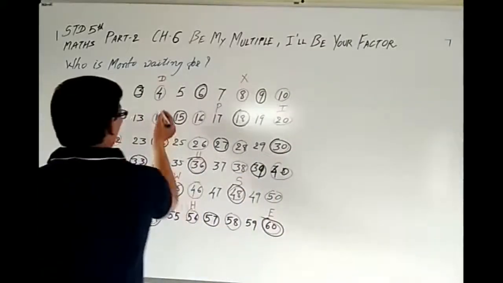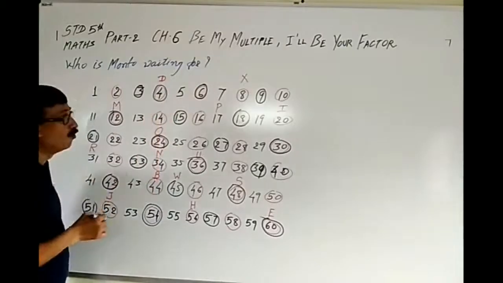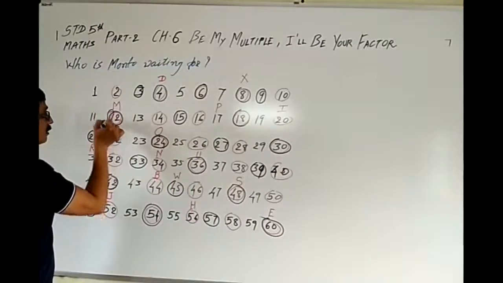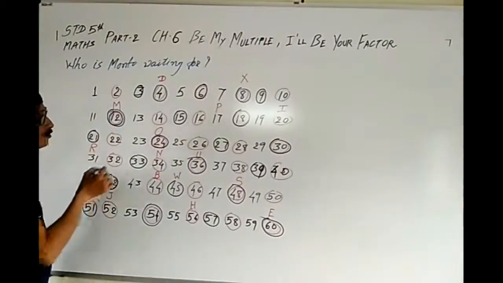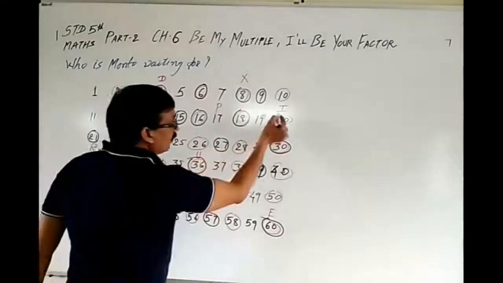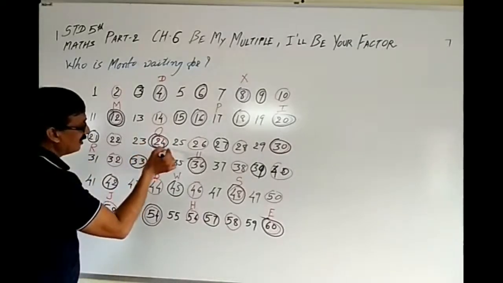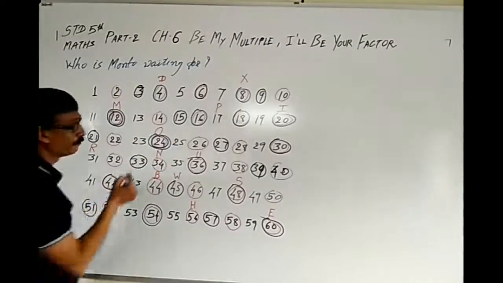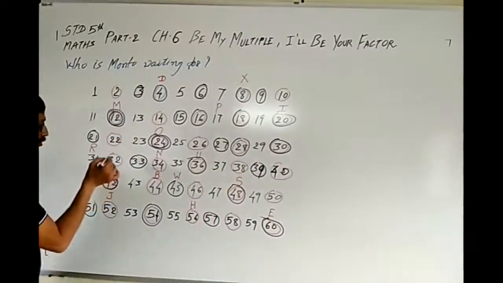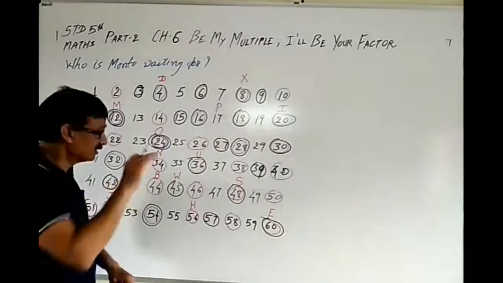So 4 ones are 4, 4 twos are 8, 4 threes are 12, 4 fours are 16, 4 fives are 20, 4 sixes are 24, 4 sevens are 28, 4 eights are 32.